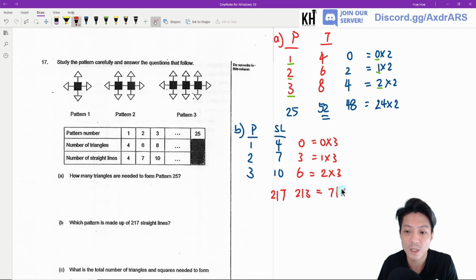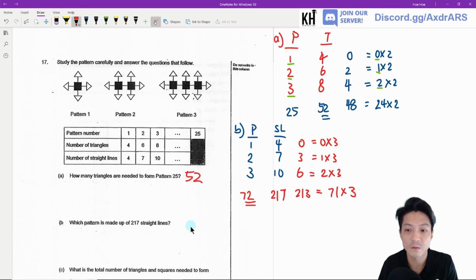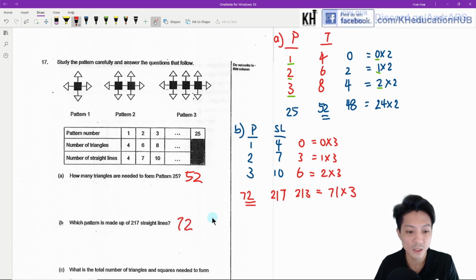So it's 71 times 3. Which means that to find the pattern number, we just need to use 71 plus 1, which is 72. Let me write this down first. 52, 72.